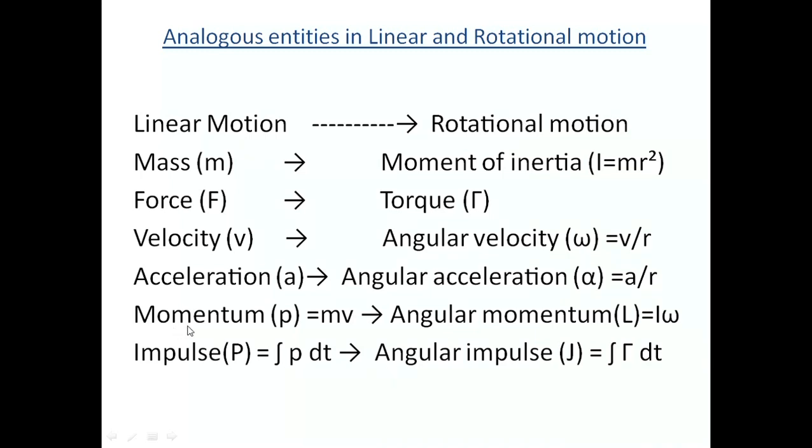And what linear momentum p equals mv is in linear motion, the angular momentum L equals I omega is in rotational motion. Similarly, the impulse equal to integration of F dt in linear motion is analogous to angular impulse J equal to integration of gamma dt in the rotational motion.